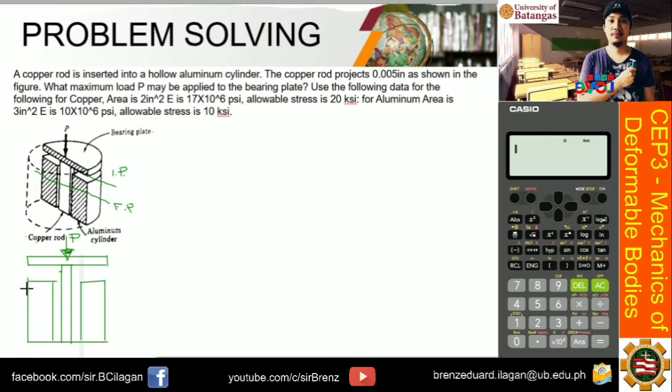Okay. So ito naka-shade yung iyong aluminum. Aha. So, labelan lang natin. So, again, ito ay 0. So ito naka-project na to is 0.005 inches.